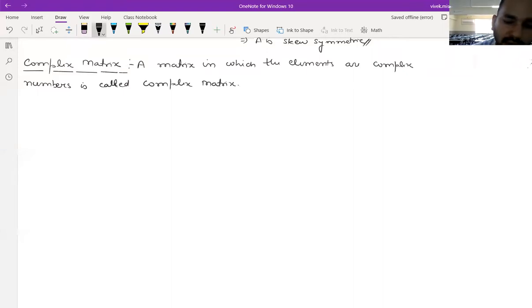Okay. Now, the matrix of real numbers के साथ हमारे साथ concept था transpose का. Now, complex matrix में concept आता है conjugate transpose.